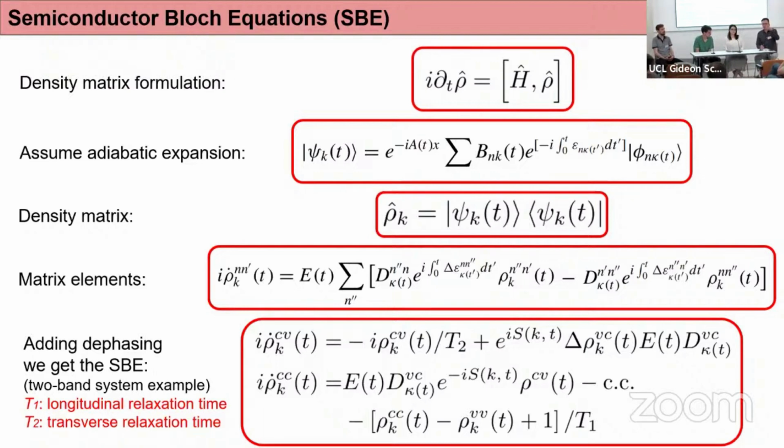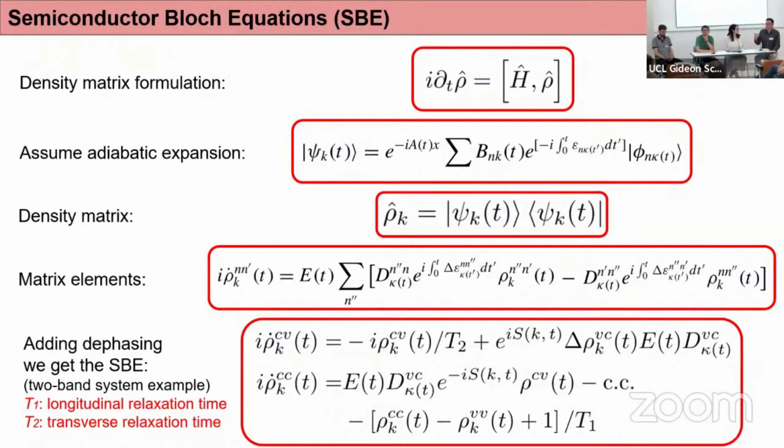And they enter the equations as you can see here at the bottom. The top equation is for interband, and the bottom equation is for intraband dynamics. As you see, T2 is more related to interband processes, and T1 is related to intraband processes.